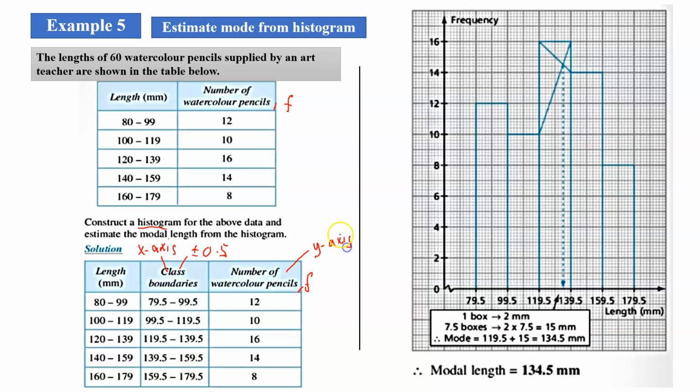So you see over here, the frequency is actually this one. And the class boundary is actually this one. Okay, paksi x. This one is paksi y. The class boundary will be your paksi x. So you plot lah. Tahu kan plot graph?